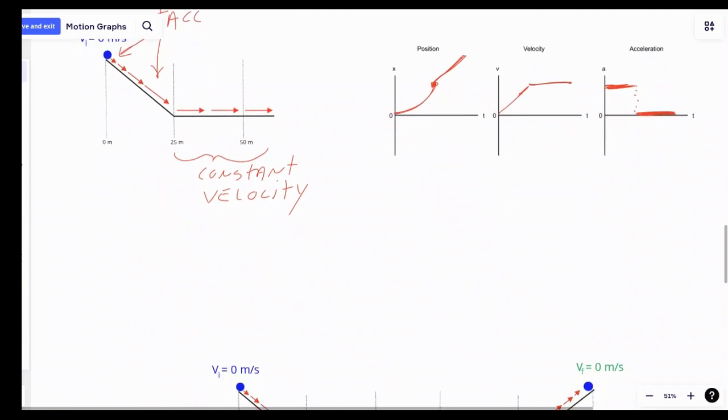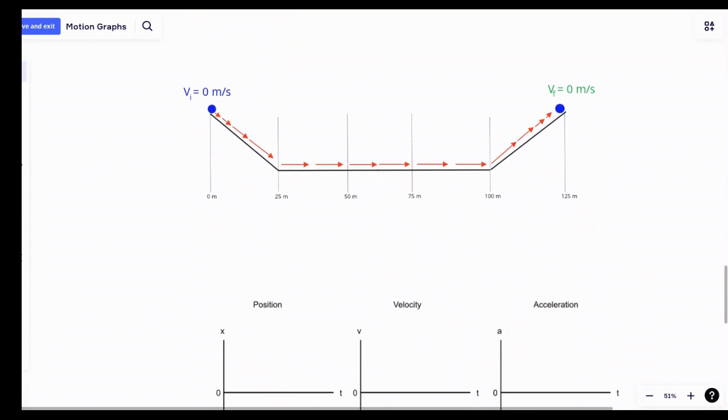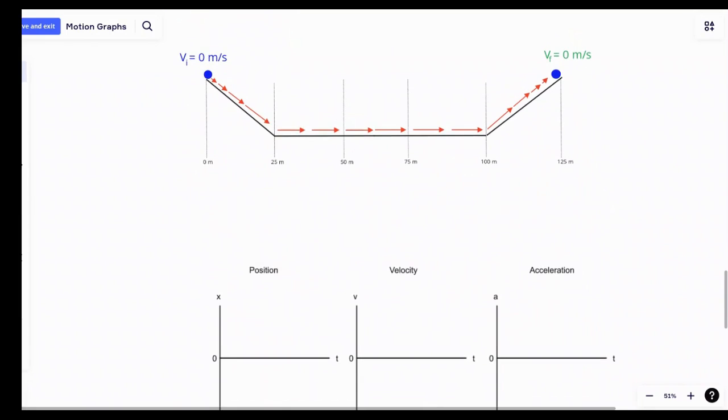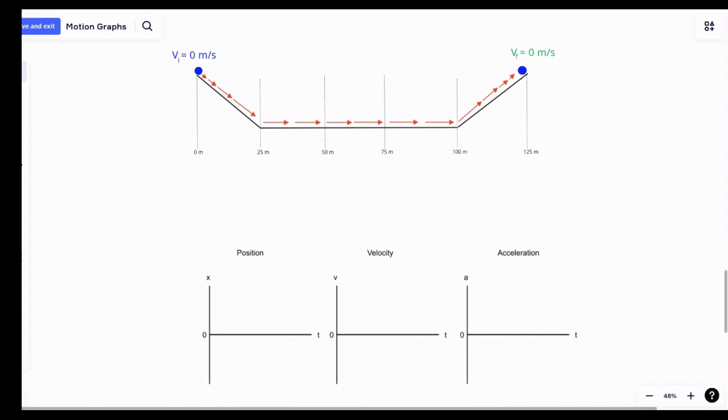Okay? Next, what if I combine those two hills? So it starts off, it rolls down a hill, goes to a flat, keeps going at a constant velocity, and then encounters the same kind of hill but going up. So I have positive acceleration in the beginning.